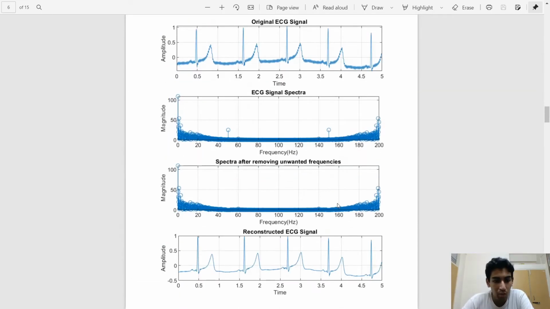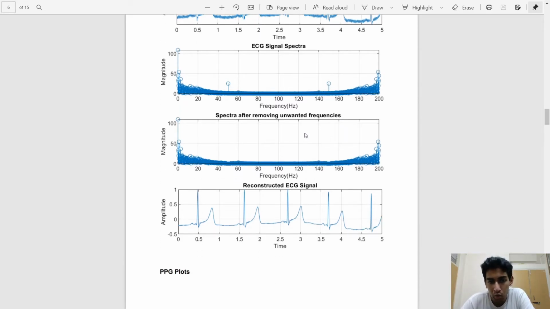Coming to the plots here, this is the original ECG signal, and as you can see we have high frequency components in this signal. We compute the discrete Fourier transform and get the second plot, and as you can see right around 50 Hz we get a spike in the frequency spectrum, and this corresponds to the frequency spectrum of the noise.